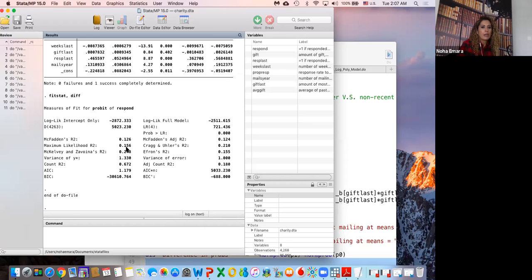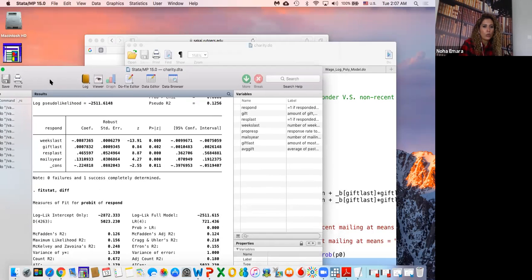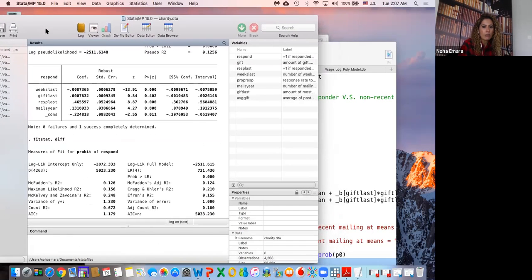The McFadden's R-square is here. The count R-square is how many times I can see the Y equal 1, which is the Y, the respond, right? So how many times I can see it equal to 1, which is 67%.